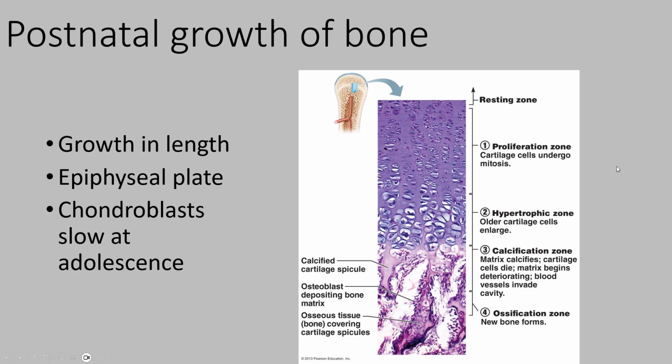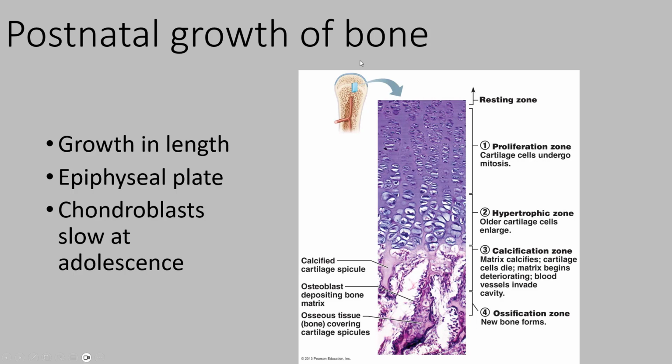Here we are zoomed in at the epiphyseal plate. This is one of the epiphyses of the long bone. Down here is the diaphysis and the medullary cavity. So we are looking near where the epiphysis and the diaphysis meet. This part, throughout childhood and the early part of adolescence, is still cartilage.